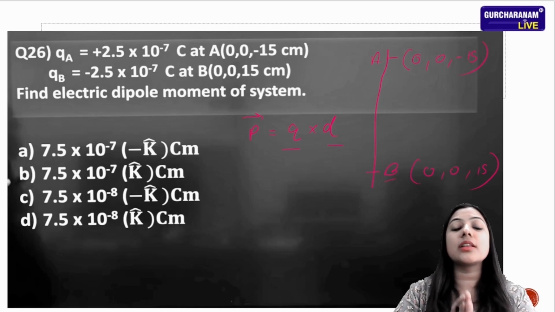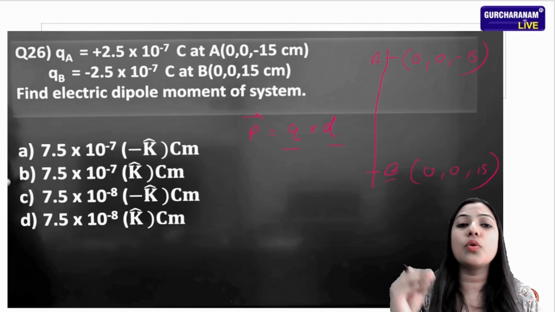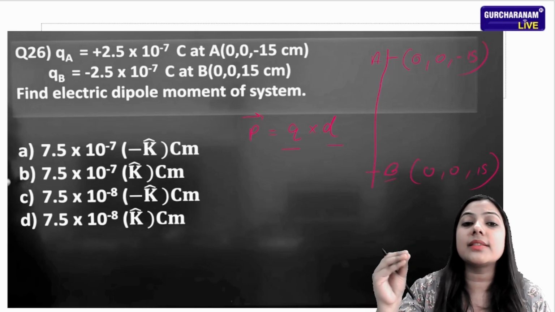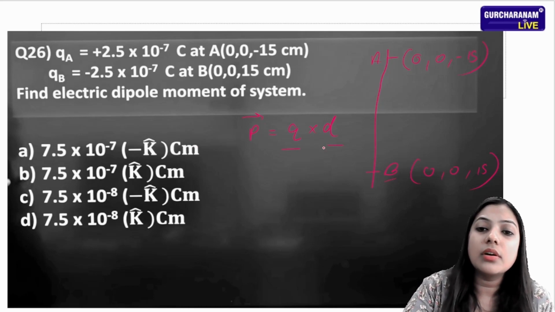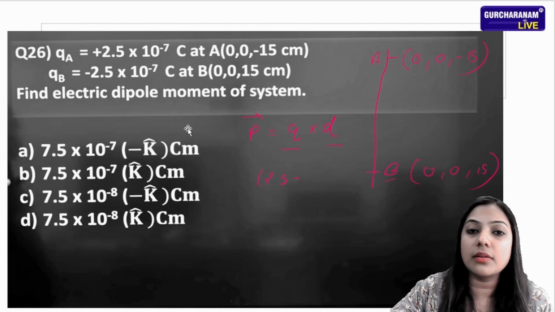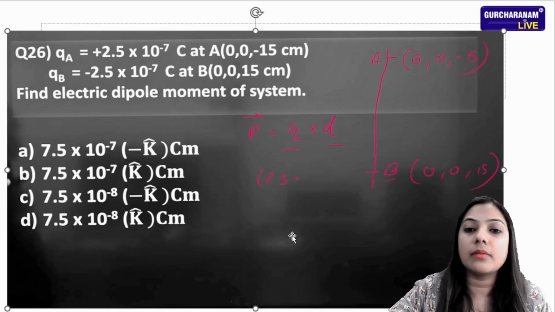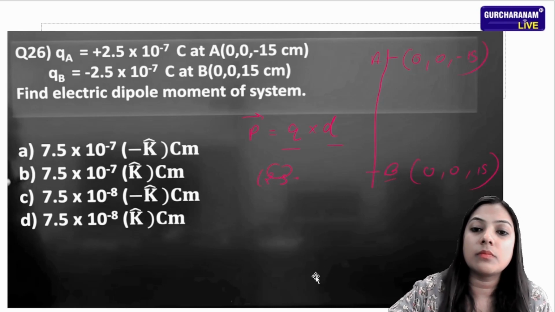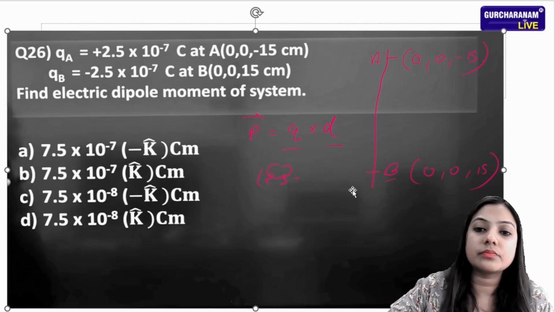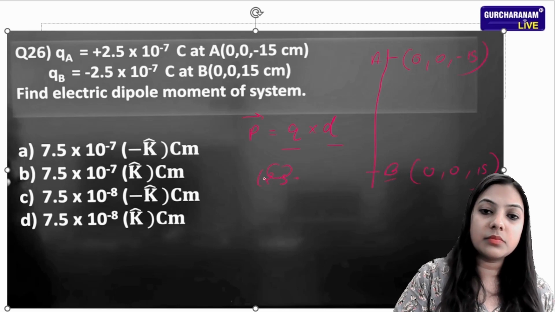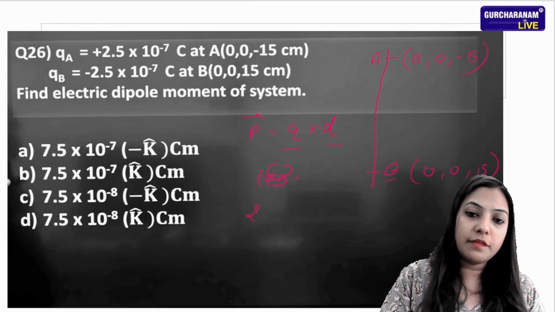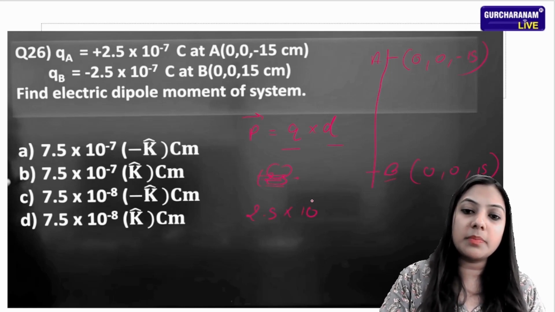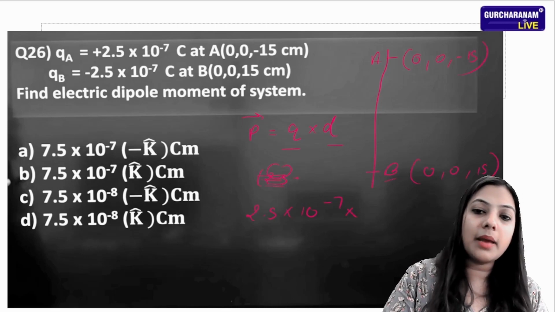The charge on A and the charge on B are equal, 2.5 into 10 raised to the power minus 7, but opposite in sign. So the value of charge is 2.5 multiply by 10 raised to the power minus 7, multiplied by distance.